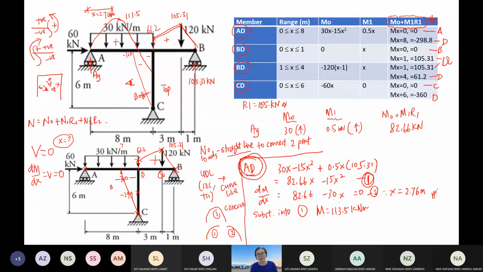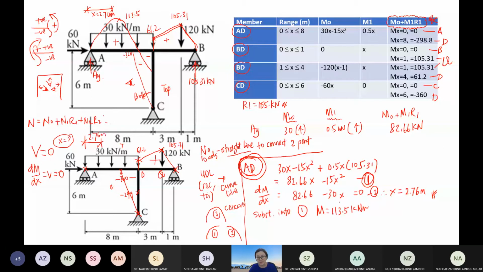If it is a reasonable value, we can confirm that there is an inflection happening at 2.76 meters. So at 2.76 meters, there will be an inflection point.